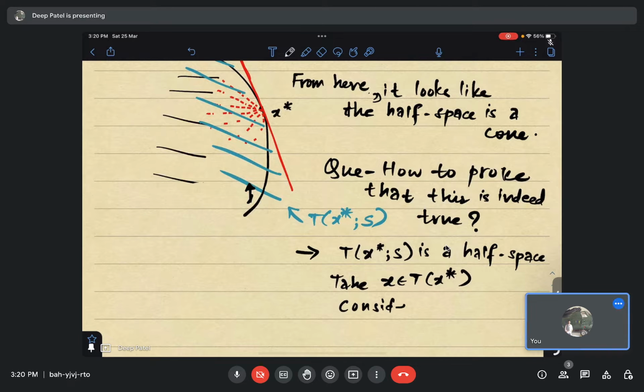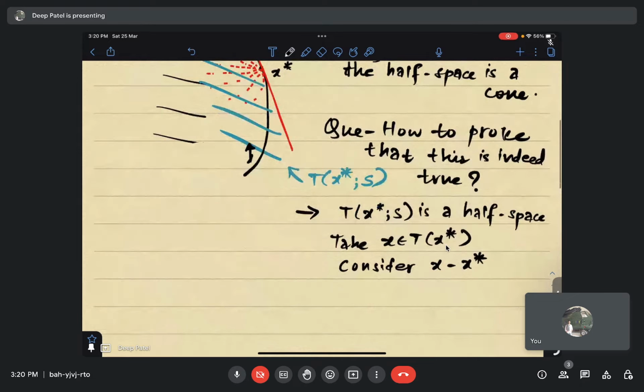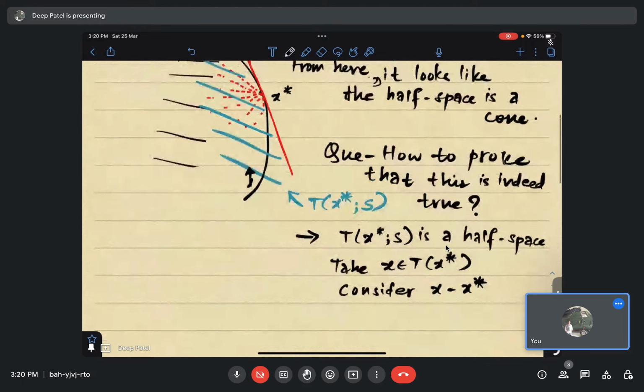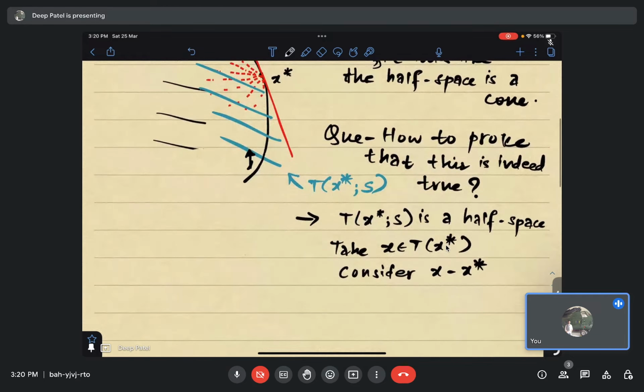And then if we scale that by positive lambda, that direction stays inside the half space. So x minus x star is in the half space, right? Just by definition. Yes.